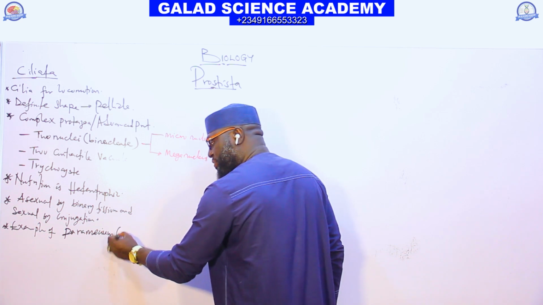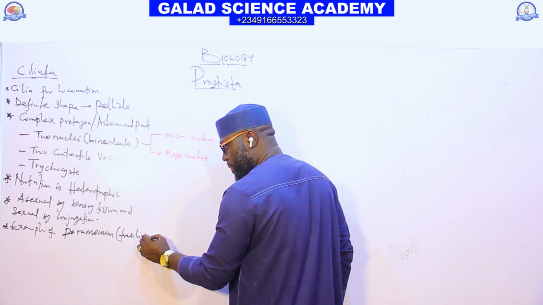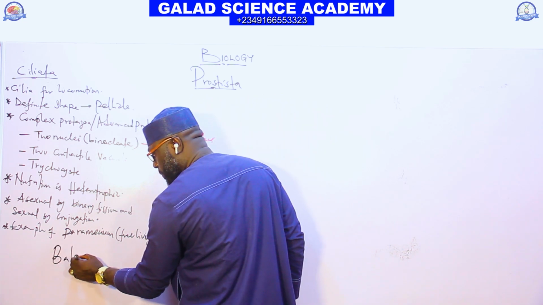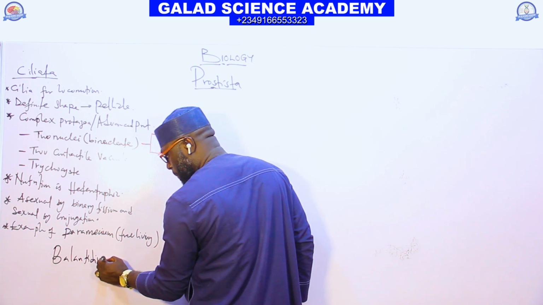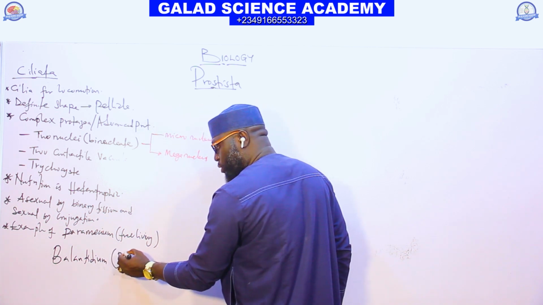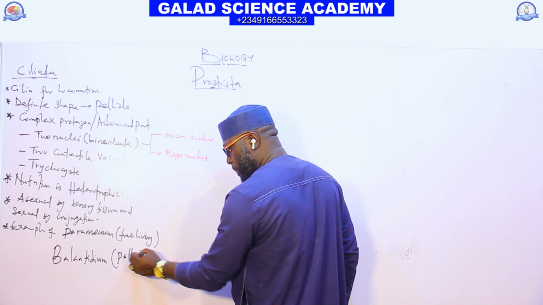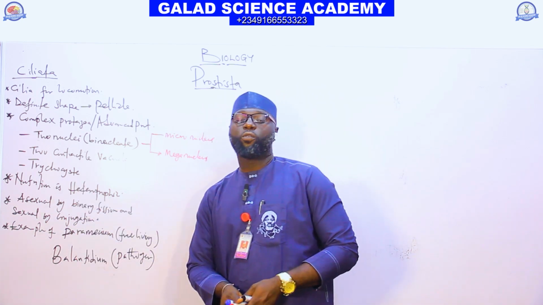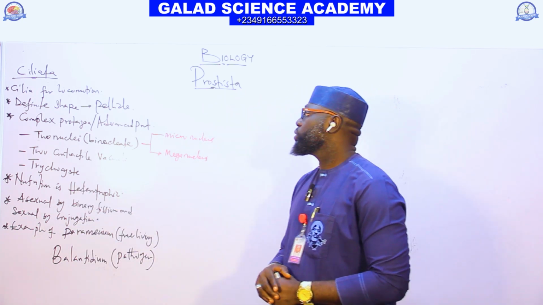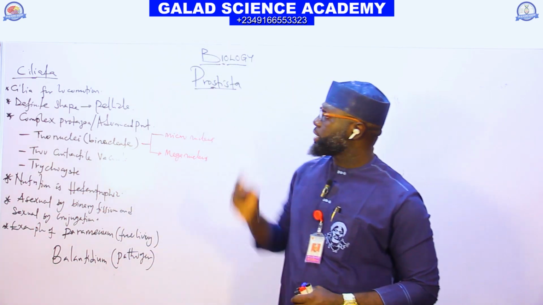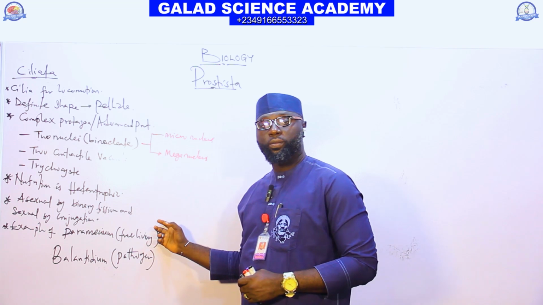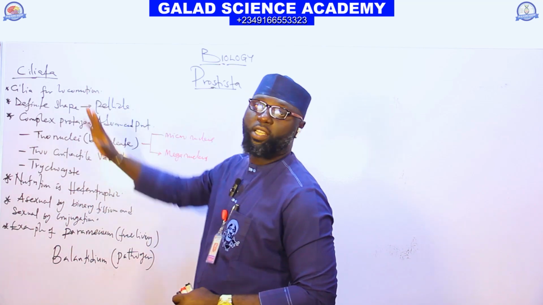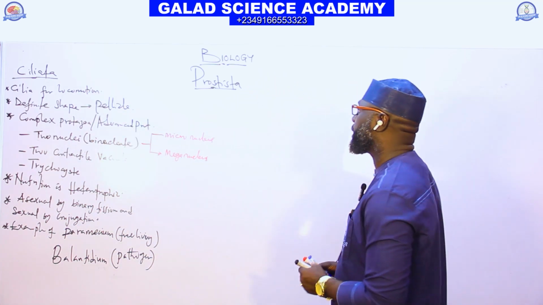This Paramecium is a free living ciliate, and we also have Balantidium. This Balantidium is a pathogen, a parasite of humans. So the next thing we need to do, let us take the Paramecium as a representative of ciliate, Ciliata or Ciliophora.